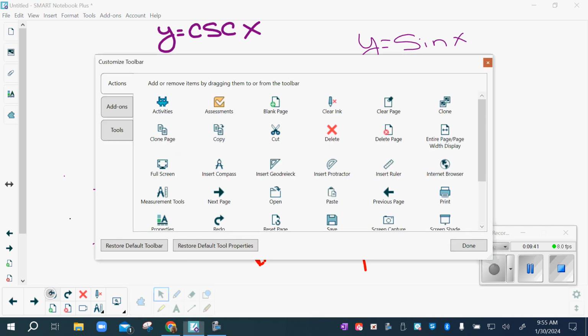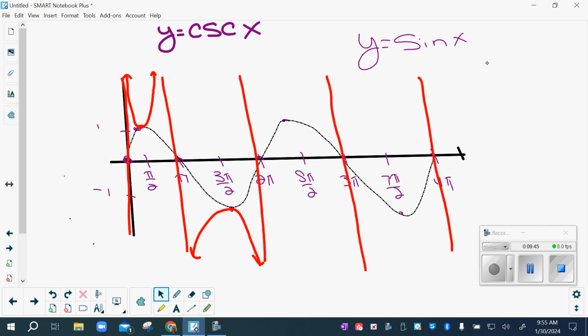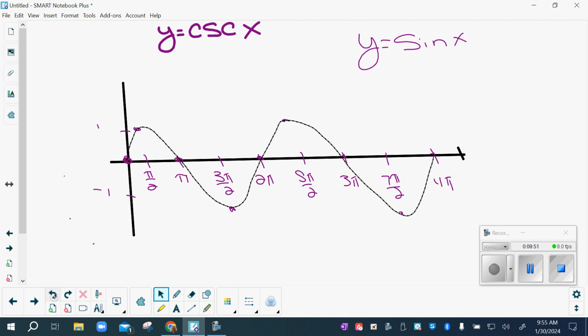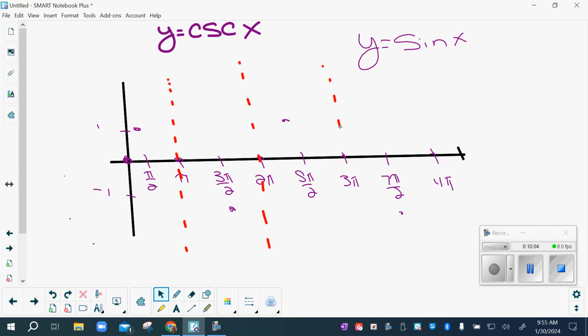I put on sine, and I know I have an asymptote here. I don't even draw it. Look, I'm not even drawing it in.